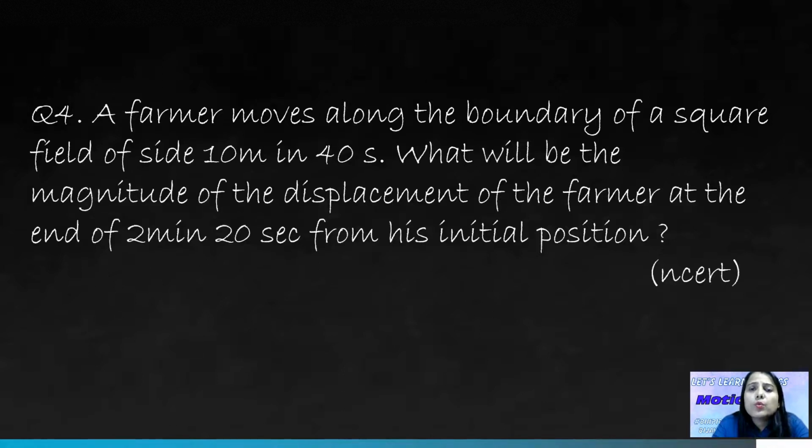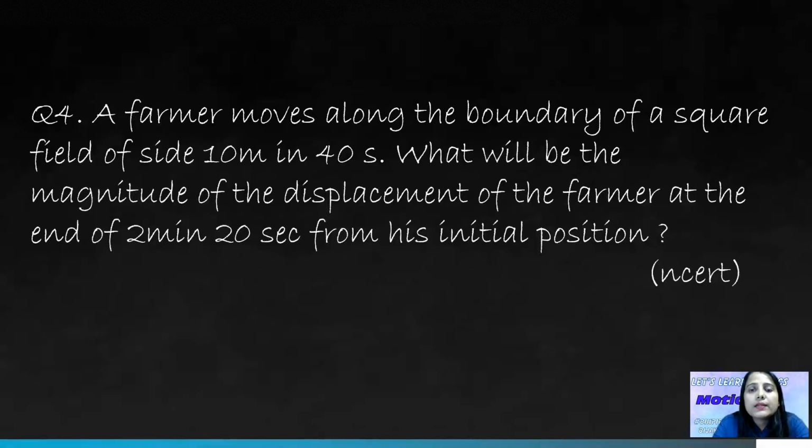A farmer moves along the boundary of a square field. When the boundary of a square field is given, the first thing that should come to mind is the perimeter of the square. Perimeter of the square is 4 into side. That means the farmer is moving 4 into 10, that is 40 meters, in 40 seconds.